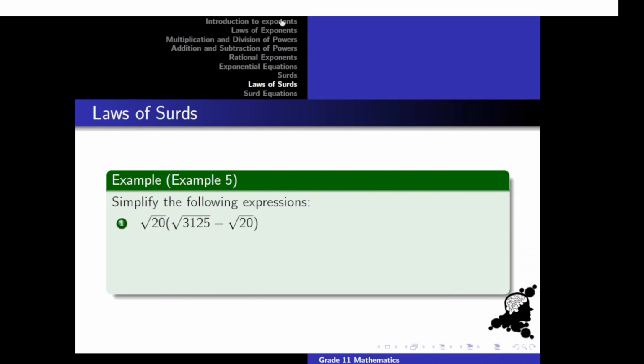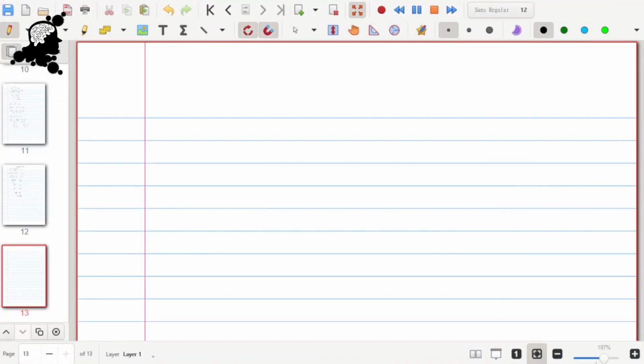So we need to simplify this expression. Let's go to our writing pad. We have got the square root of 20 into the square root of 3,125 minus the square root of 20. What we can do here is, we said we first need to write every term under the radical sign as prime factors. So 20 is 2 to the power 2 times 5.